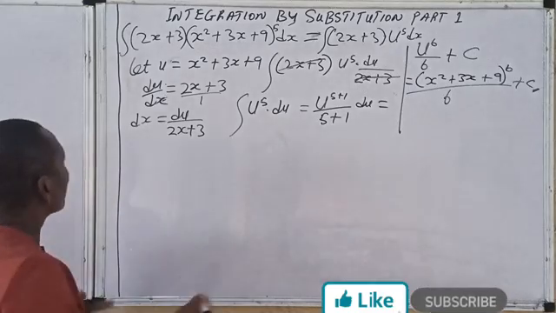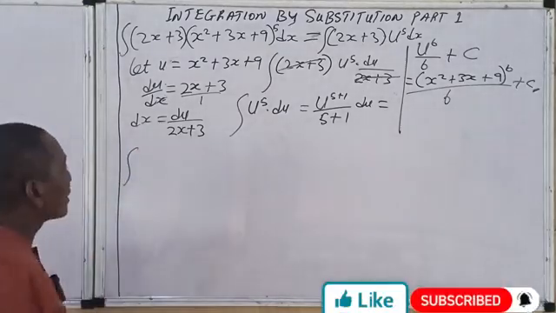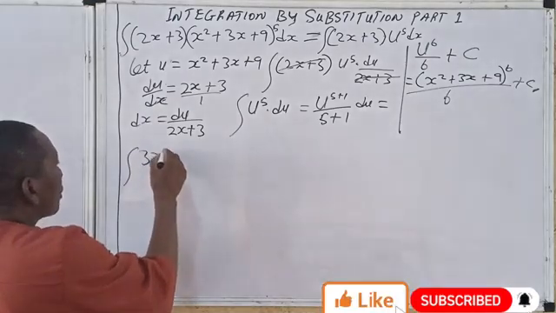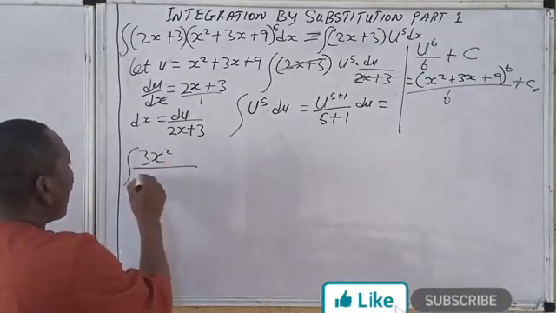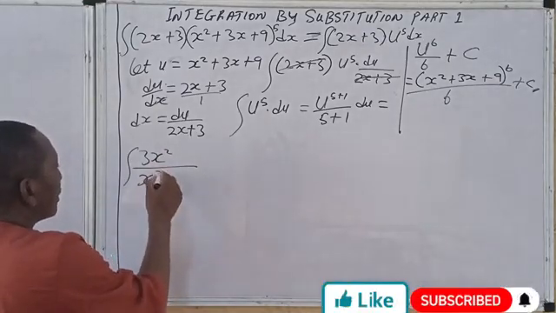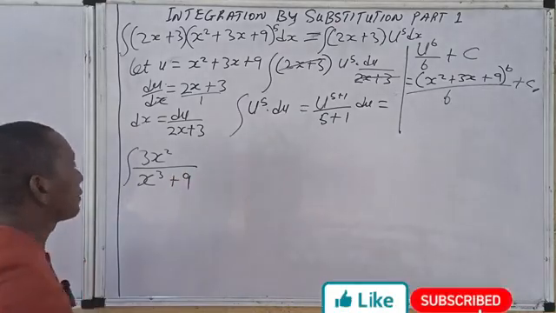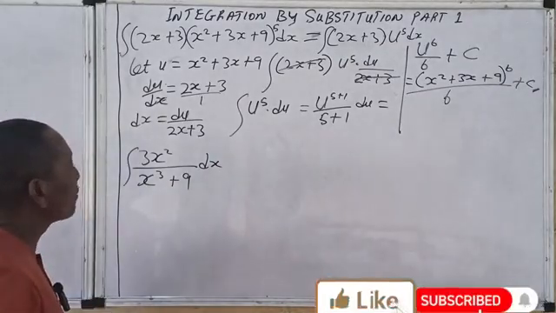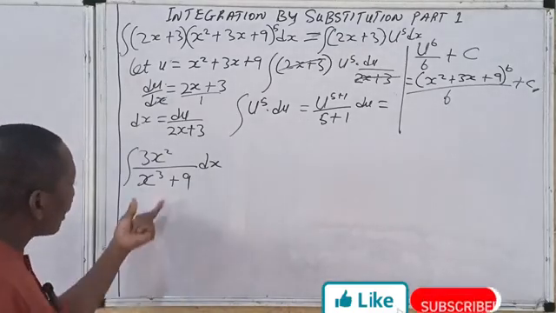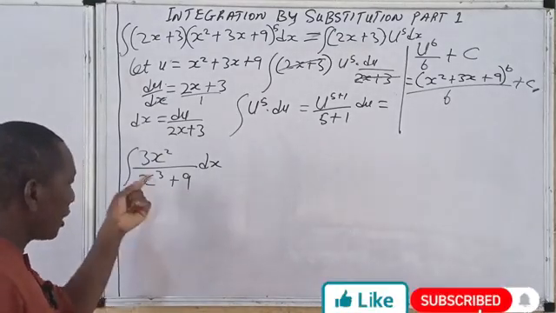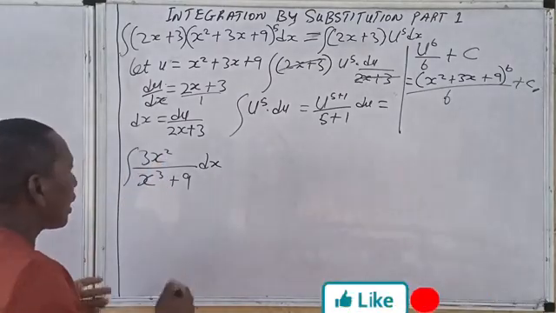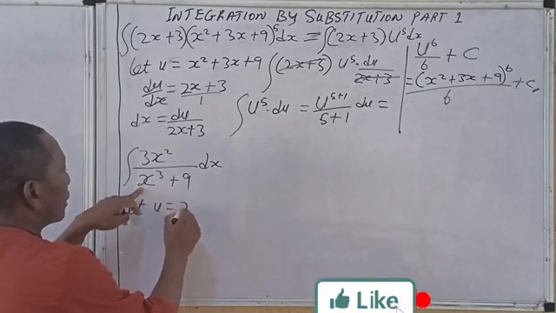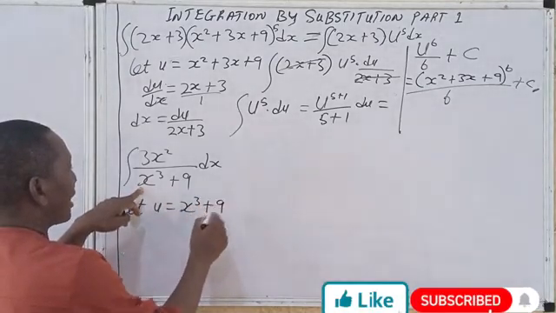All right. So let's assume that you are asked to integrate 3x² all over x³ + 9 dx. Now, how will you solve this? It's still simple. I know that if I differentiate this, I'm going to have something similar to this. So I'll just say, let u be equal to x³ + 9.